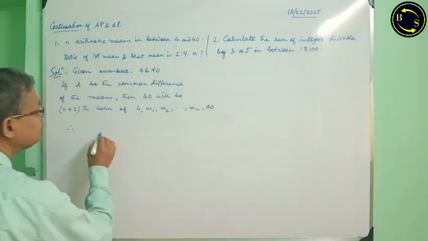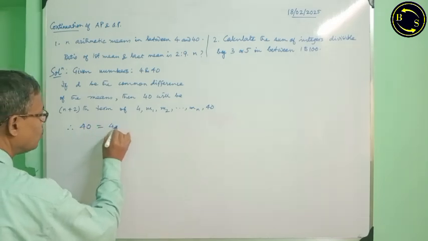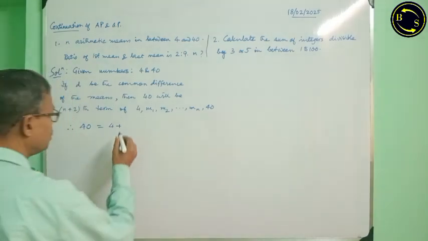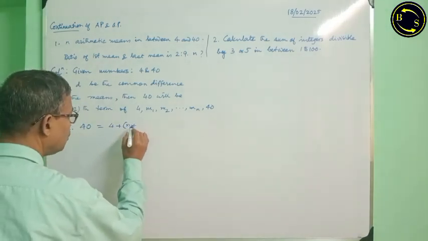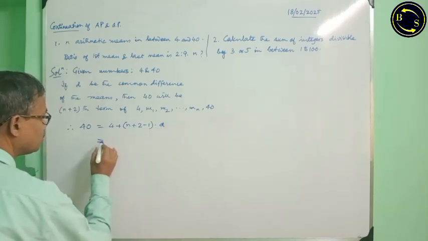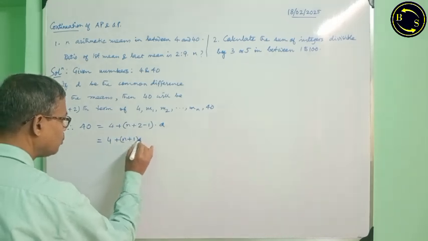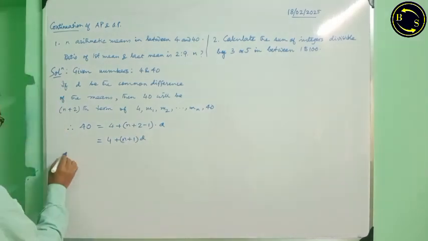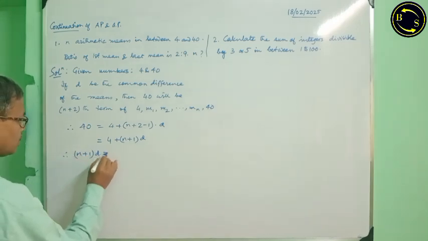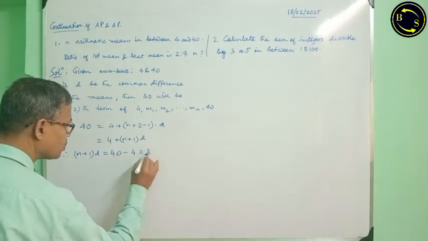Therefore, 40 is equal to 4 plus, number of terms in this case n plus 2, n plus 2 minus 1 into d, that is equal to 4 plus n plus 1 whole into d. Therefore, n plus 1 whole into d is equal to 40 minus 4, 36.